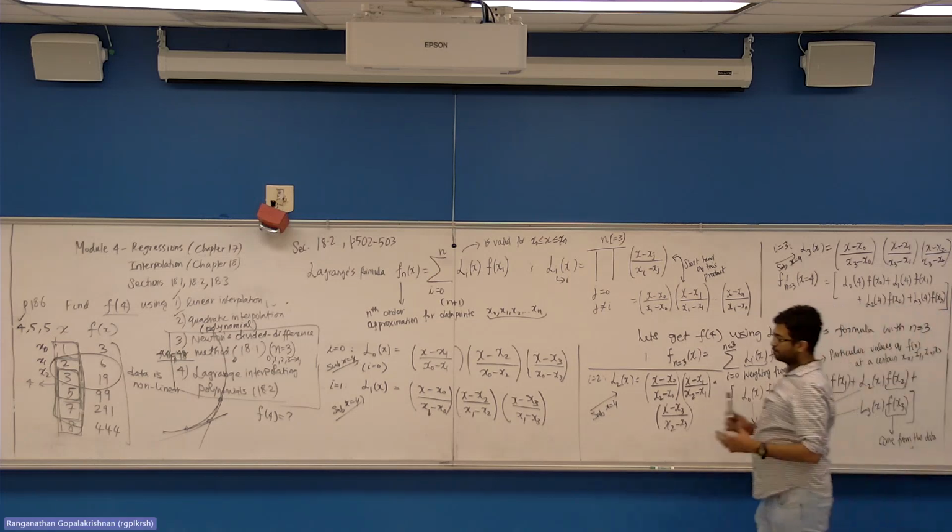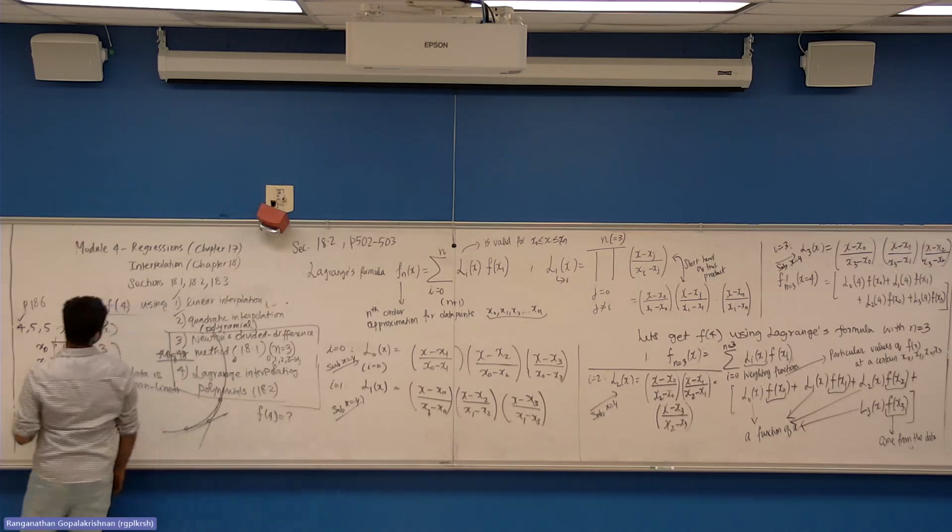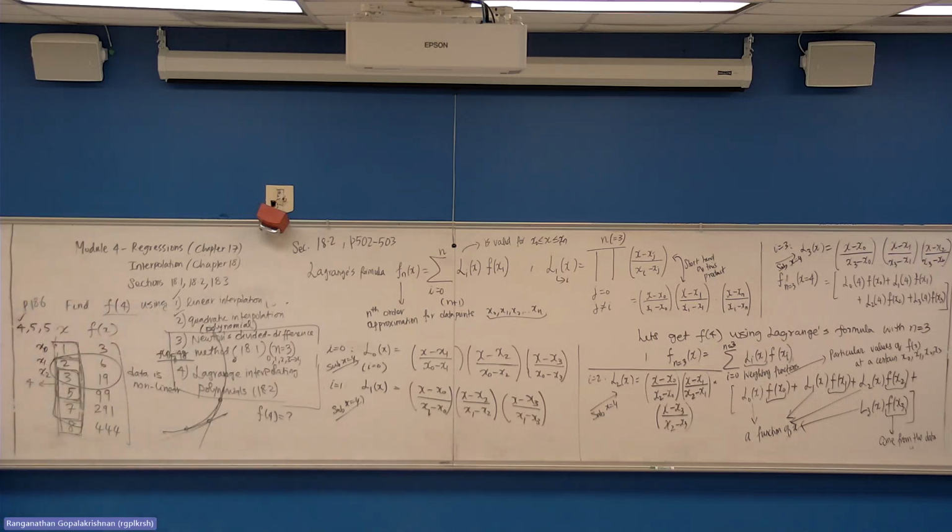So this wraps up our discussion of module 4, which involved regressions, which was covered in the quiz, and then interpolation, which I did partly in the last lecture for about half an hour, and then today one lecture.